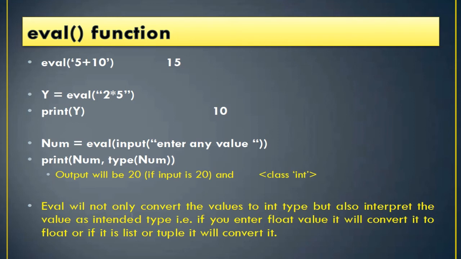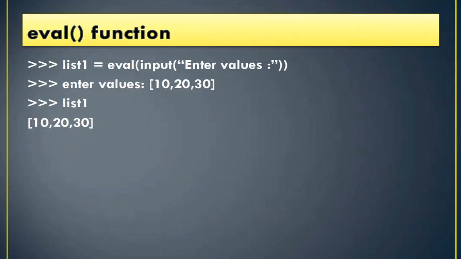Now eval will not only convert the values to int type, but also interpret the value as the intended type. That is, if you enter a float value, it will convert it to float, or if it is a list or tuple, it will convert it into that particular format. Now list1 equal to eval of input, enter values, and you enter values like 10, 20, 30, so it will print your list as 10, 20 and 30.